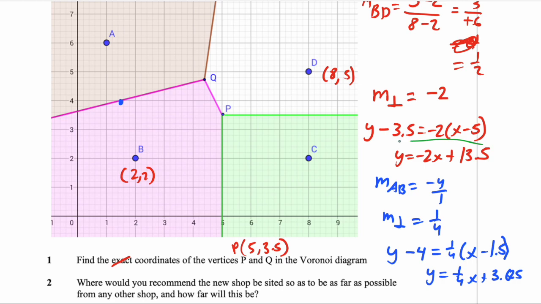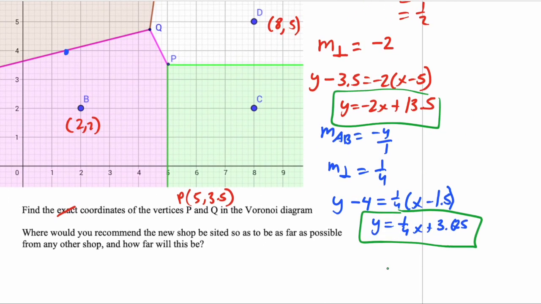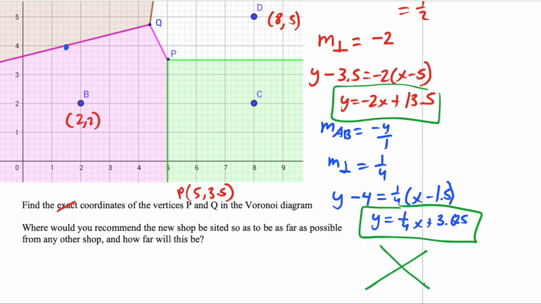Q is the point of intersection of these two, so we can simply graph them on the graphing calculator and find the point of intersection. If you do that, the point of intersection is 4.39, 4.72.